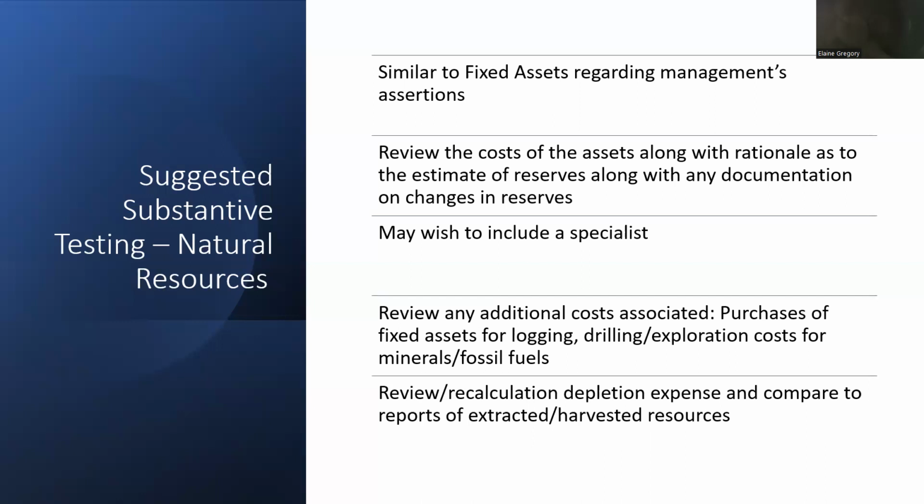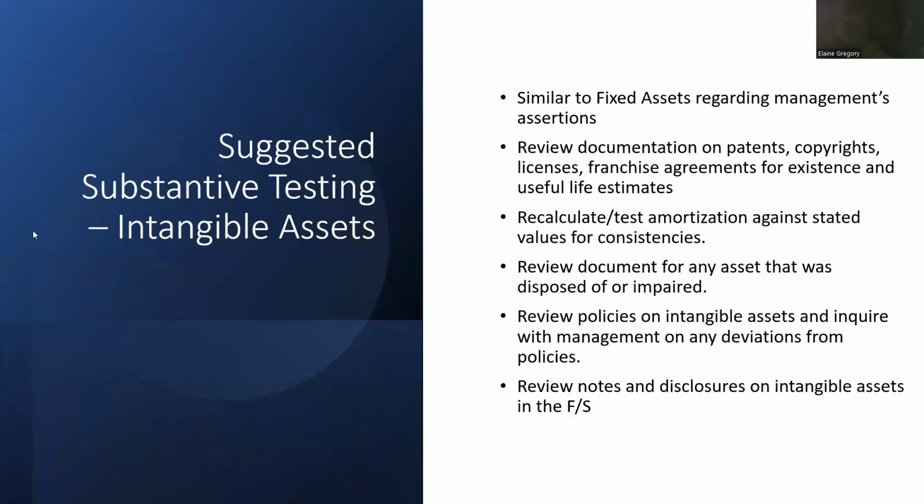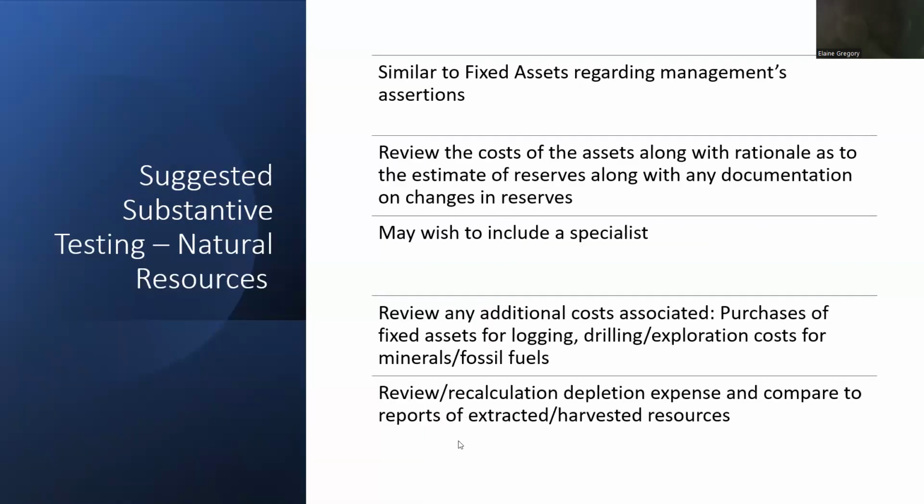to the actual asset itself, but any other supportive assets. You might have drilling or exploration costs as part of the cost of mining and fossil fuels. You'll want to recalculate allocation costs and compare them to the reports of the extracted or harvested resources. You want to make sure that your depletion costs for natural resources are in line with the extraction and harvesting of those natural resources. Let's go back for an example.